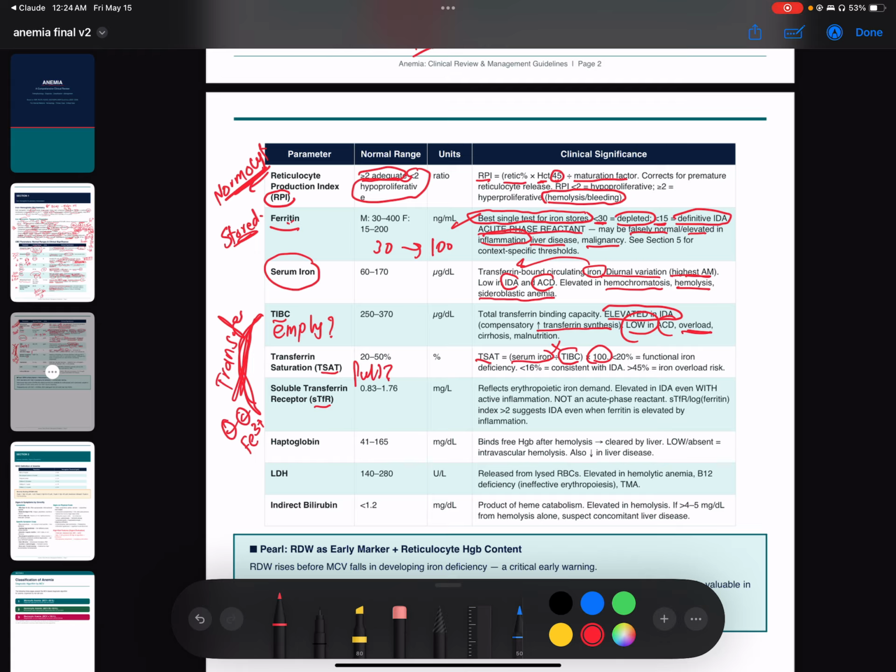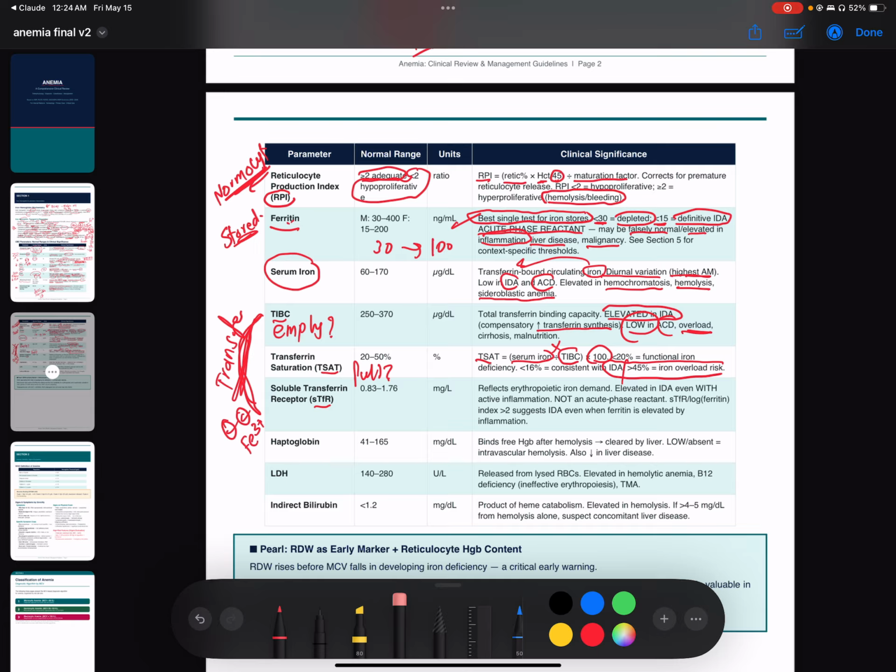So if you have high transferrin saturation, that means you have a lot of iron attached to the transferrin seats. That means you have iron overload. And if you have low TSAT, that means you have fewer full seats on the transferrin, which means you have less iron.